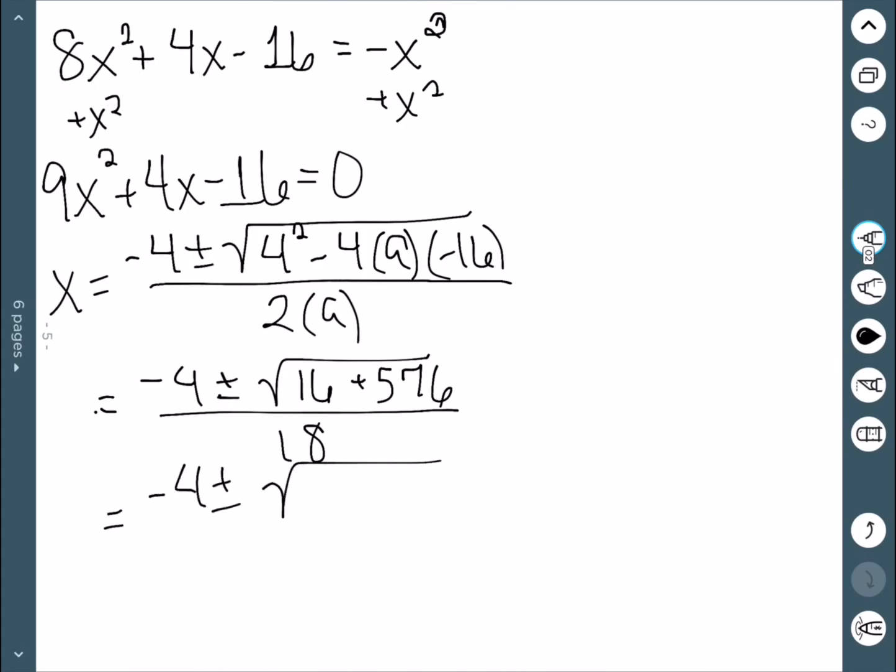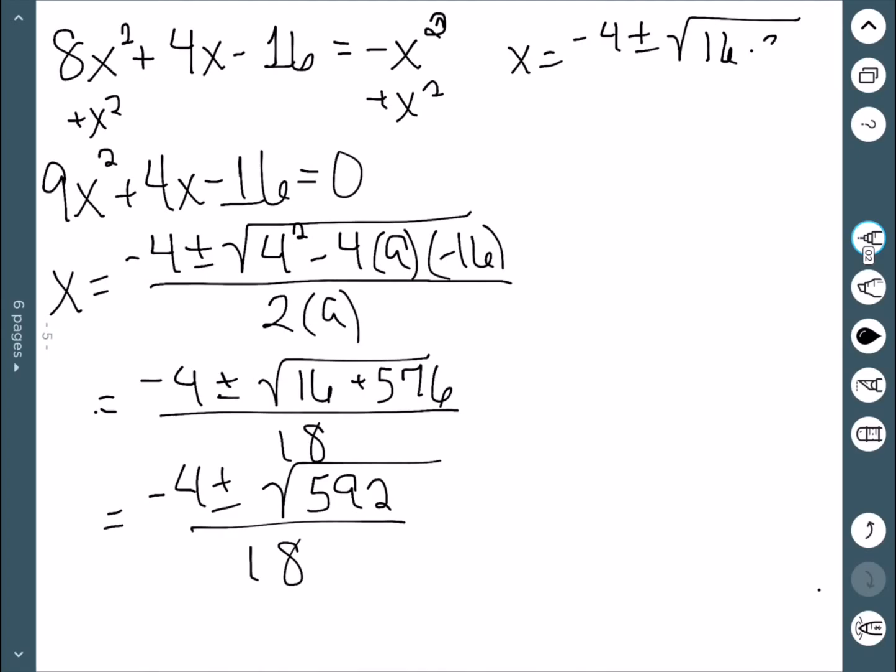Adding 16 and 576 gives us 592, all over 18. We can then simplify the square root. 592 can be rewritten as 16 times 37. And we know what the square root of 16 is. It's 4.